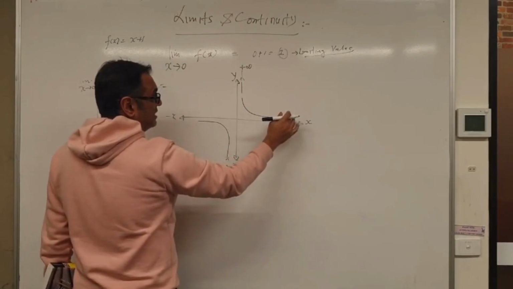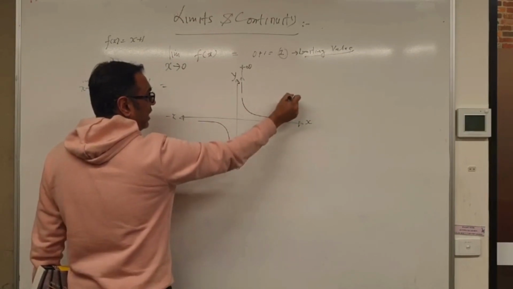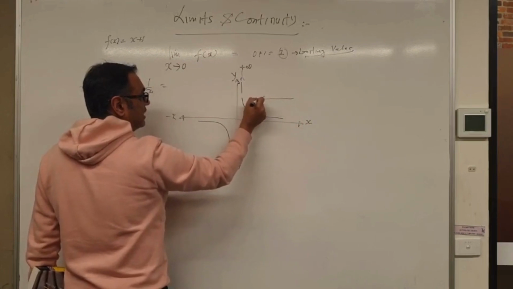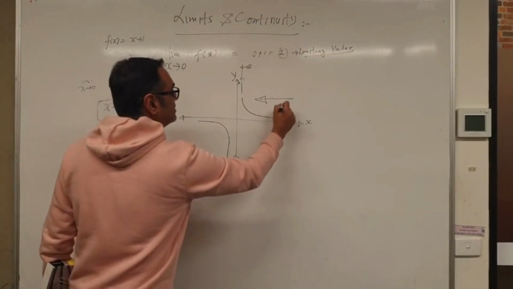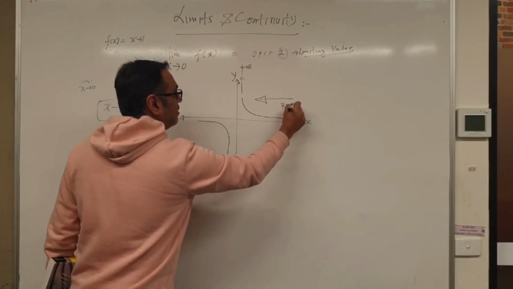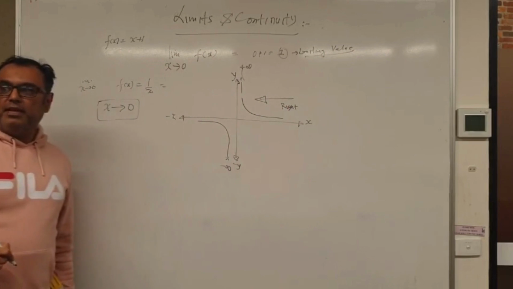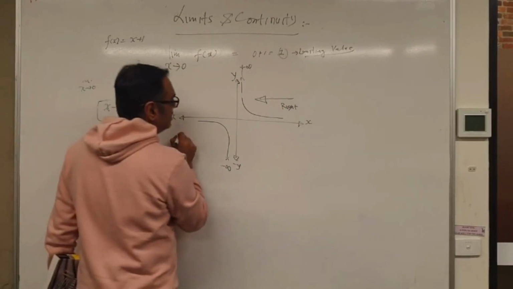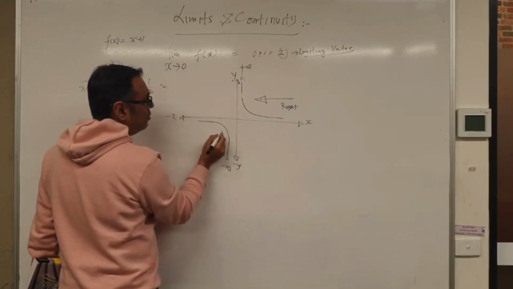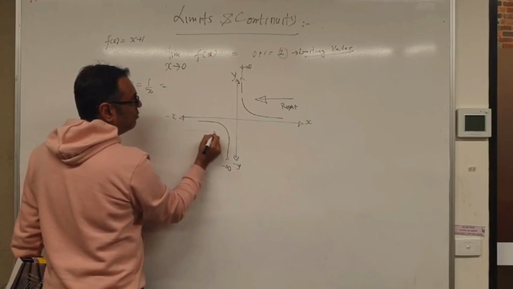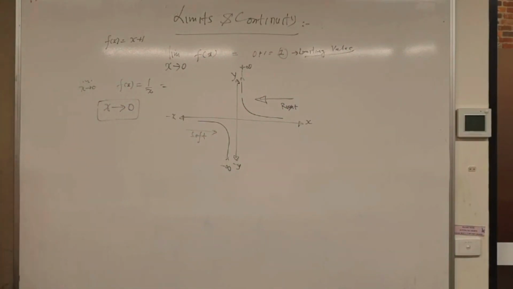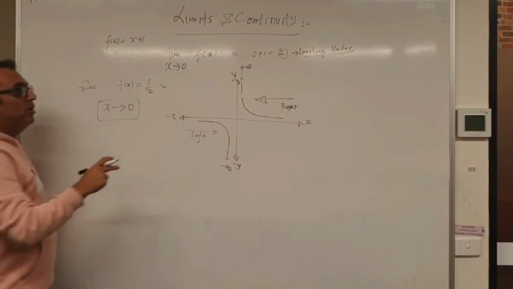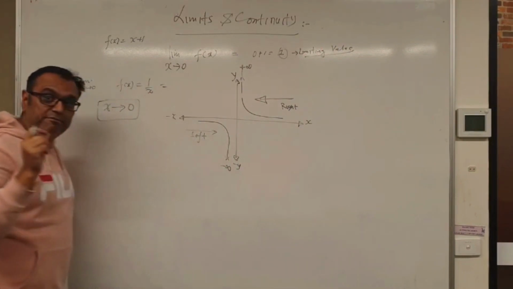So in this case, when x is approaching 0, I am approaching 0 from this end, which is my right hand side, correct? And this is approaching 0 from the left. So therefore, you have two different limits here.